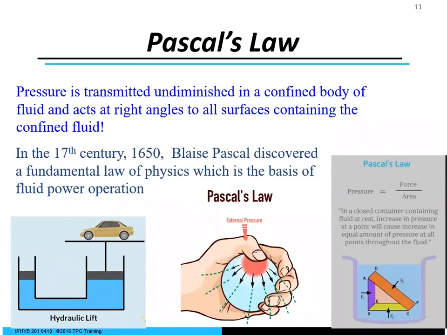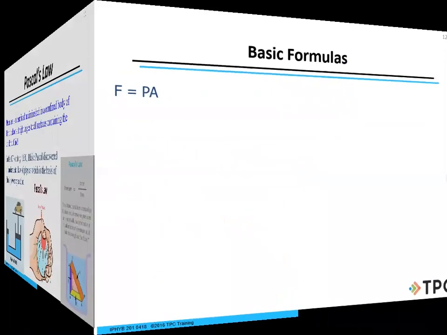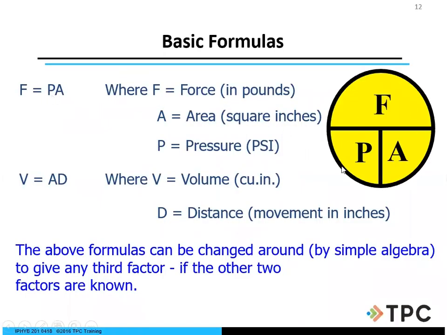So we need to look at these things before we put everything together, just like here. We need to know what the pressures are. This area is different and this area is a little bit bigger, right? And so a small area can create a big difference in lifting our force, our load, what we're trying to move. All right. So here we go with force equals pressure times the area.